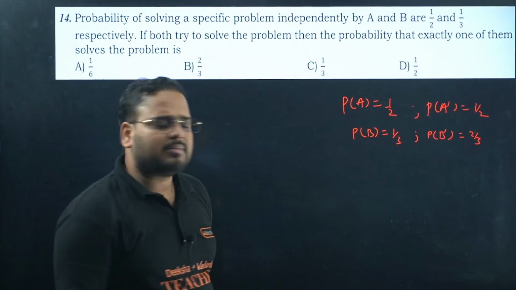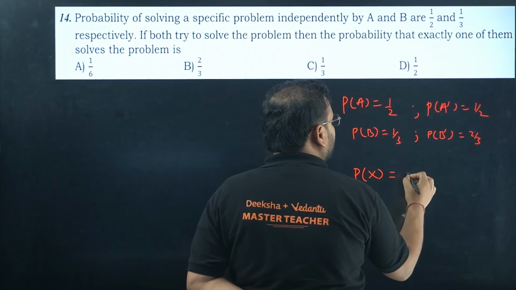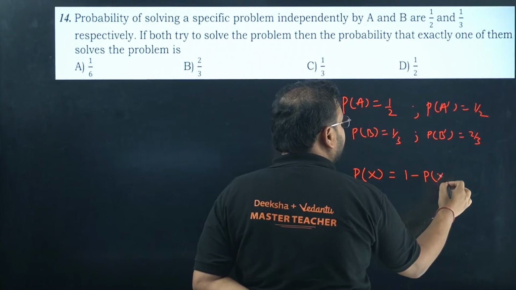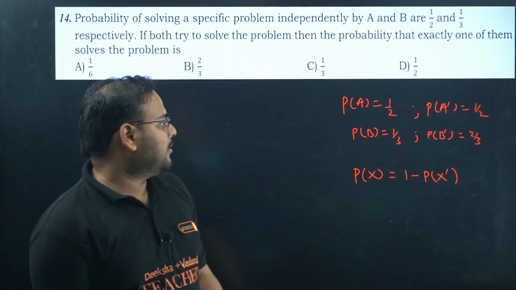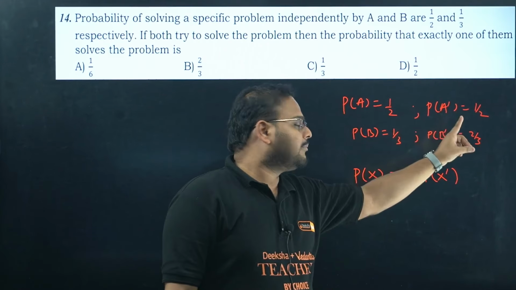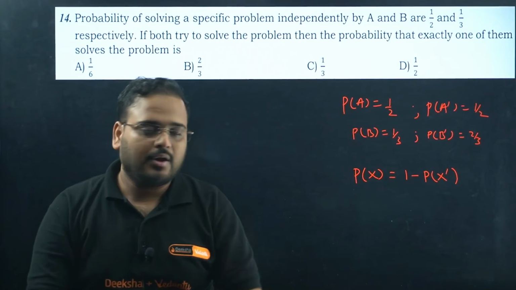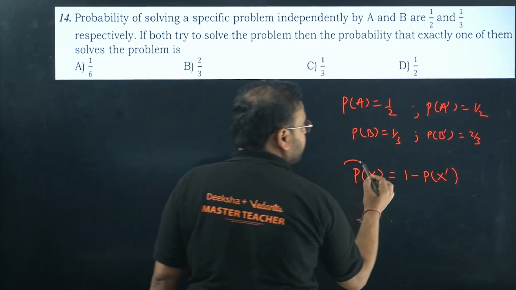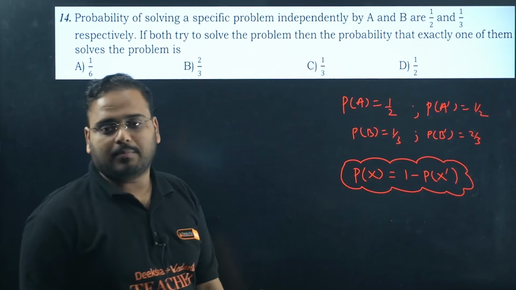The property is there, I hope you remember this. P of x is equal to 1 minus P of x dash or x complement. Okay, so I've got P of x dash as 1 minus P of x. So 1 minus 1 by 2 will be 1 by 2 and 1 minus 1 by 3 will be 2 by 3. Clear? Okay, this is the concept.